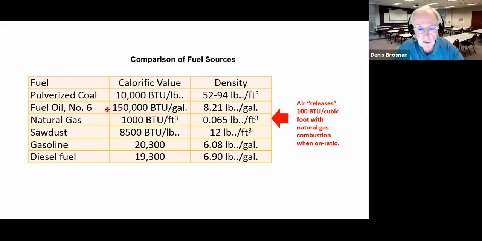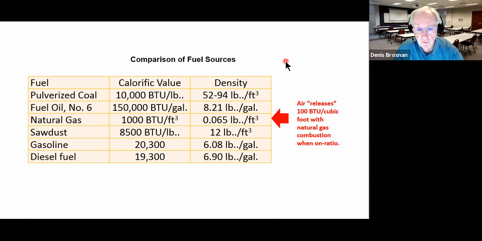Liquid fuels are packed with energy, and that's the reason that they are used so much in transportation. Natural gas, the rule of thumb is about 1,000 BTUs per cubic foot. Sawdust is less than that of pulverized coal, about 8,500 BTUs per pound. And just for comparison, I listed gasoline and diesel fuel. Now, of course, these fuels have vastly different densities in the unit system that we want.